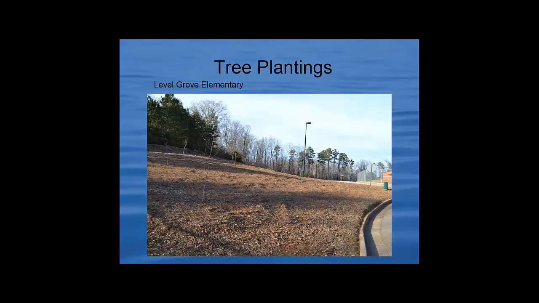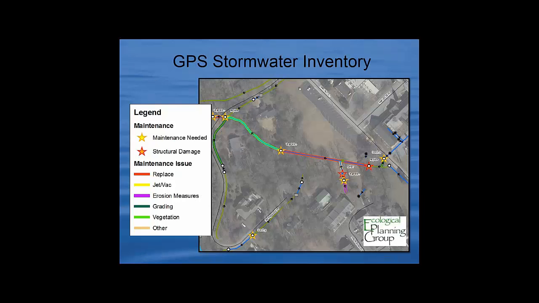Through all of these projects I've showed you, we realized though that we really didn't fully understand our stormwater system. We didn't understand the infrastructure. We knew we had problems with the system through decades of piecemeal installation and repairs that really didn't have a plan.